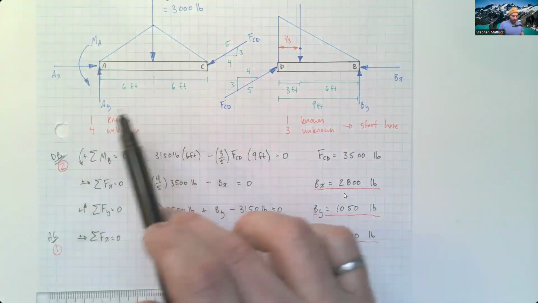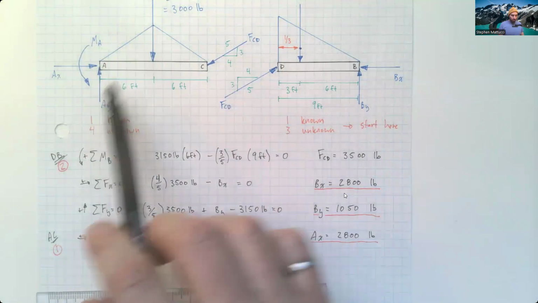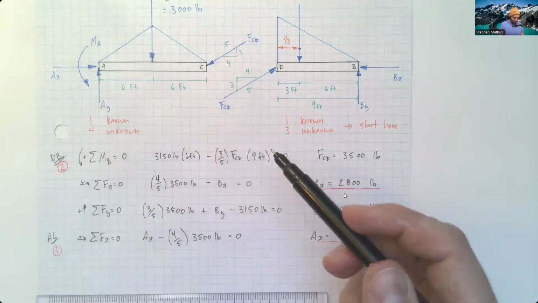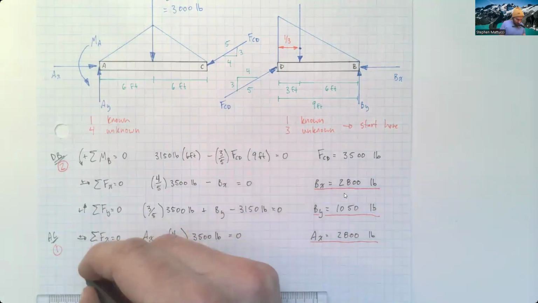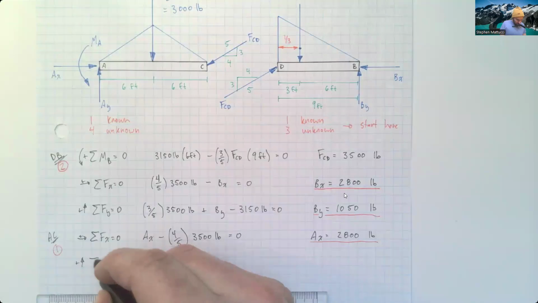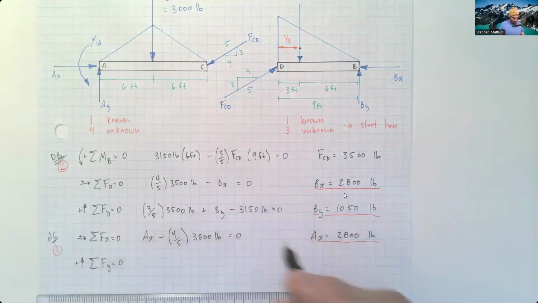Now we can look at, it's the same thing with AY. We've got 3 components in the Y, but now we know 2 of them, and we just need to solve for AY. So we'll sum forces in the Y equals 0.